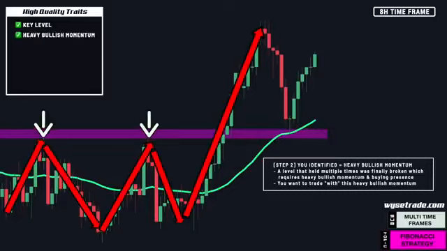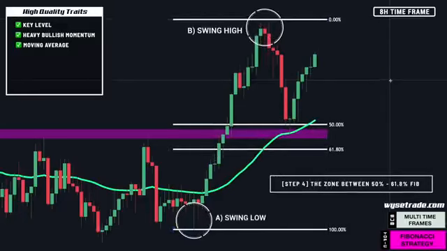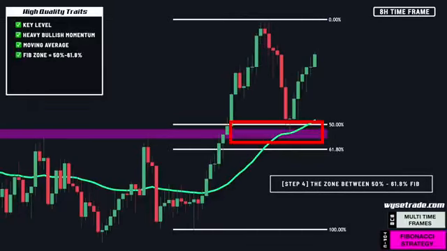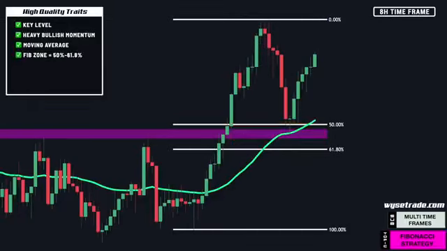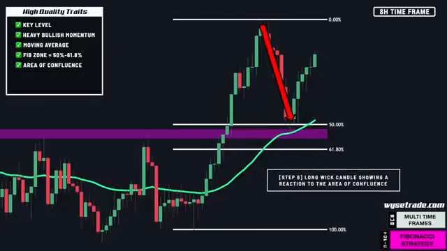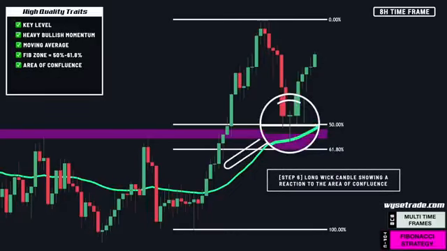Then, the moving average crossed, which is where the trade opportunity long presented itself. With the fib tool, swing low to swing high, and the fib zone lines up. This then gave you your area of confluence. When price pulled back to the area, you had a long wick candle with the wick sticking out, showing a reaction to the area of confluence.